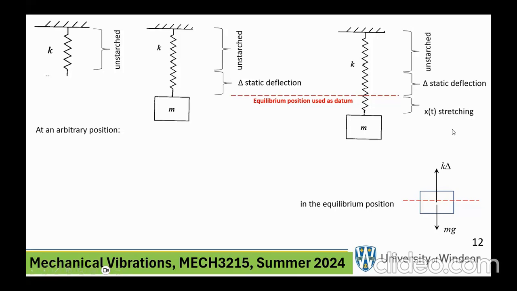All right. So when you look at an arbitrary location, suppose that the mass is at this location. It has moved from that equilibrium position. This was the equilibrium position, and we measured distance from there.